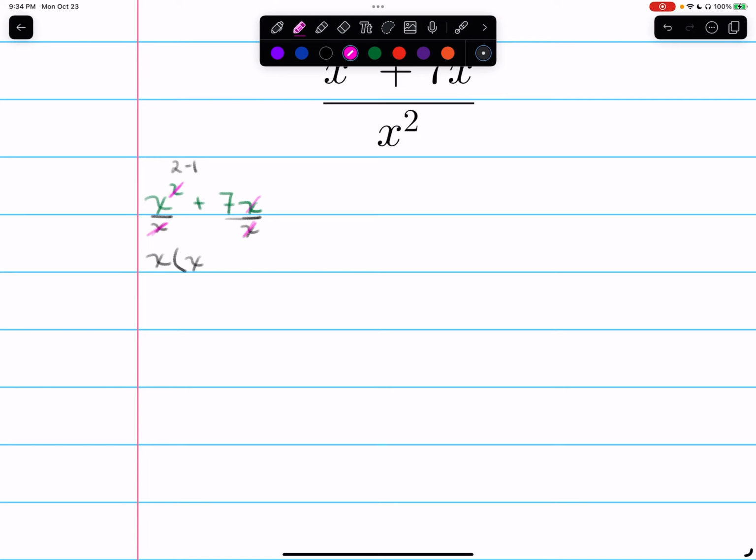Anything divided by itself is 1. So that means I just have plus a 7. Okay? So this is my new numerator. So this is step 1.